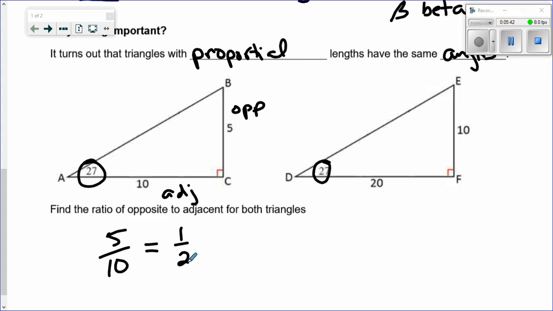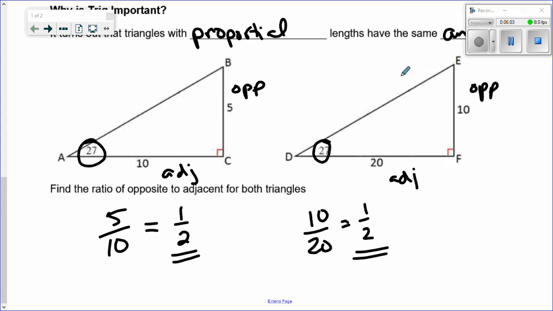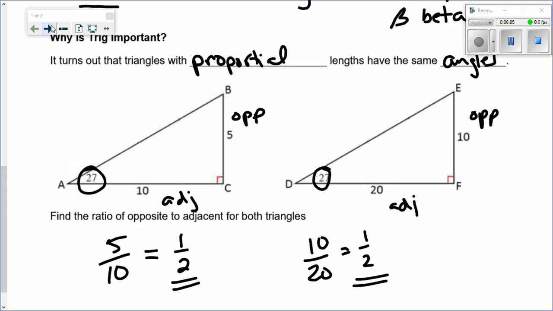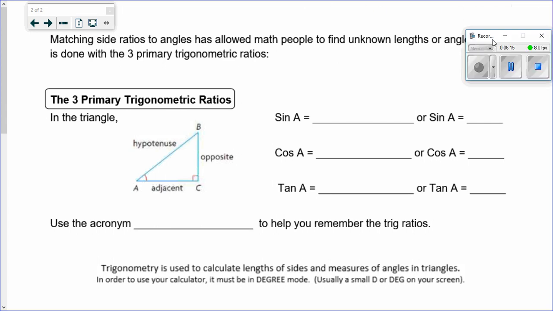Well, here we've got the same thing. Opposite over adjacent, well, that's 10 over 20, which reduces to 1 over 2. So our proportions are the same. The ratio of the sides are the same if it's the same angle. And this allows us to do a lot of crazy stuff in math with triangles. It becomes pretty important in physics and other stuff, but you'll get into that next year, if you're lucky.